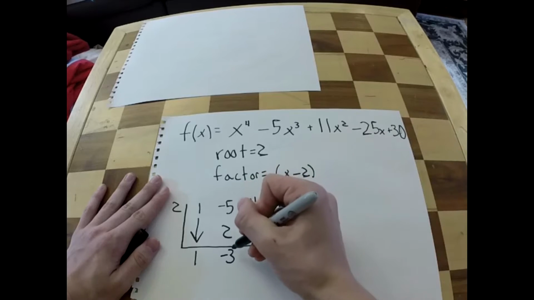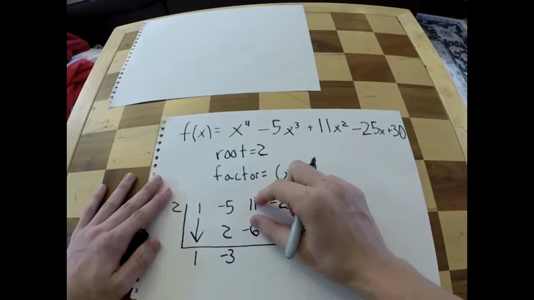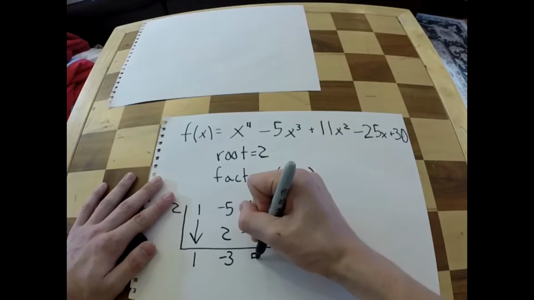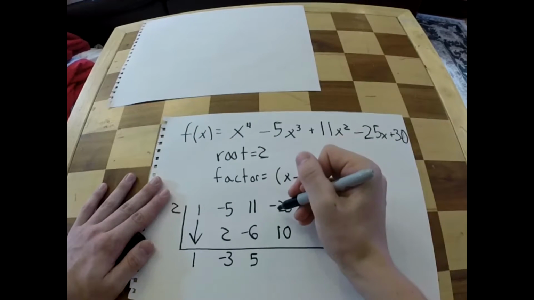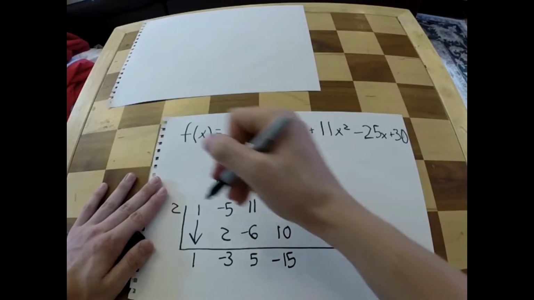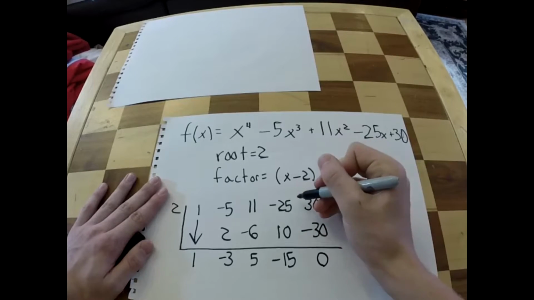So now, -3 times 2, -6, 11 plus -6, or 11 minus 6, is 5. Now, 5 times 2, that's 10. -25 plus 10, that would be -15. And then -15 times 2 is -30, so 0.